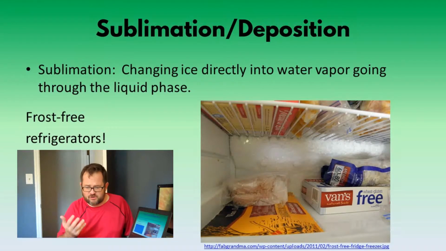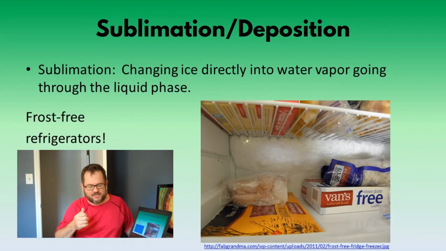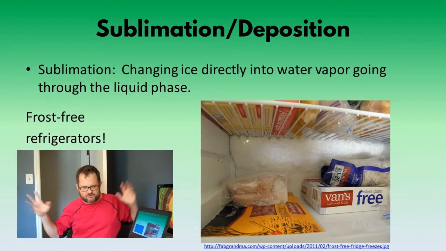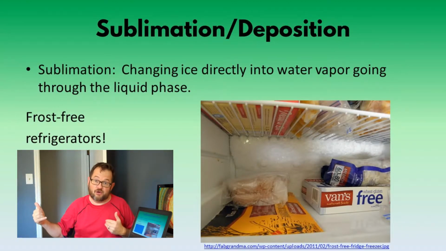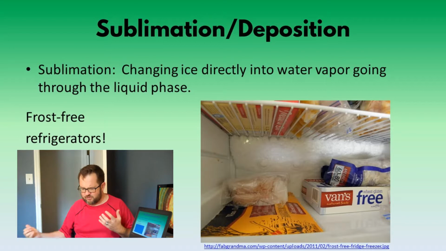Sensors inside of the refrigerator monitor the temperature, pressure, and humidity in such a way to sublimate any ice that forms. Ice converts from solid back into water vapor in the freezer, and then the next time you open the door, you see that kind of cloud, and the water vapor is coming back out. Okay, that's sublimation. Sublimation is changing ice into water vapor.